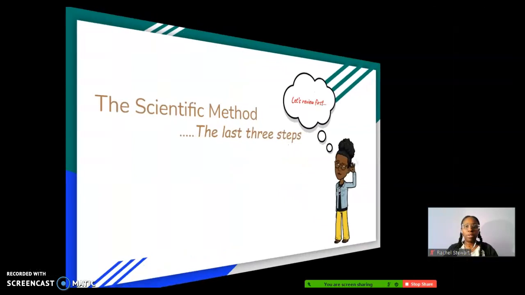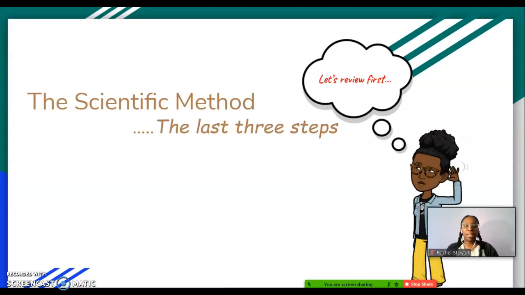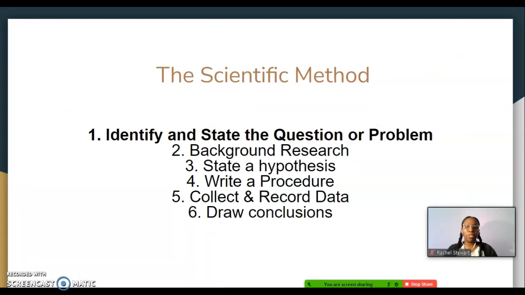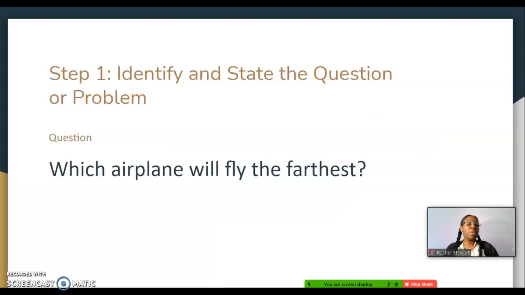All right, the scientific method, the last three steps. So let's review really fast first. We know that the first step is to identify and state the question or problem. We must make sure that our question is testable, okay? It cannot be vague and must be answerable. In this case, we have which airplane will fly the furthest.